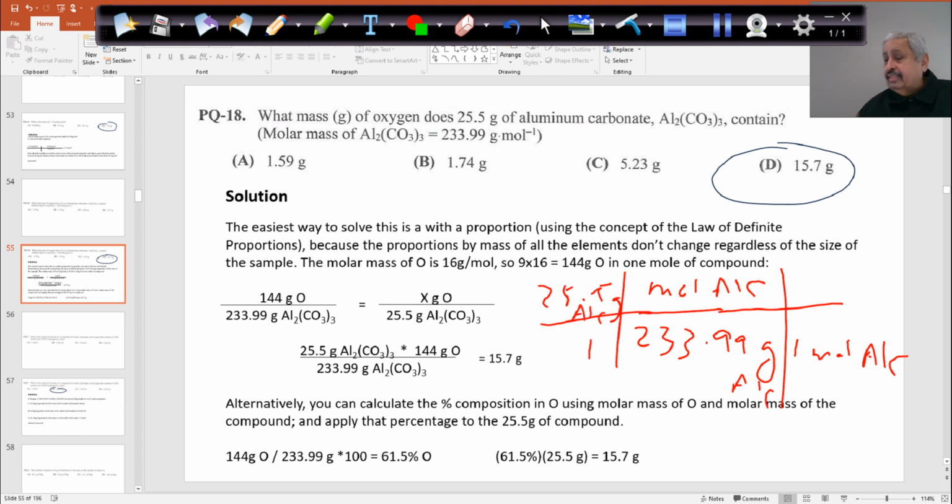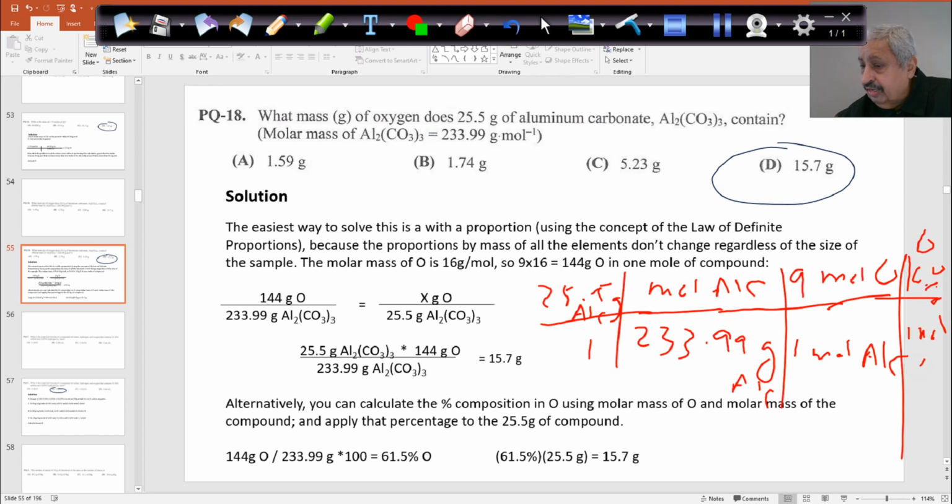Until now, we did not introduce the oxygen. 1 mole of this has 9 moles of oxygen. The atomic mass of oxygen is 16 grams of oxygen per mole of oxygen.